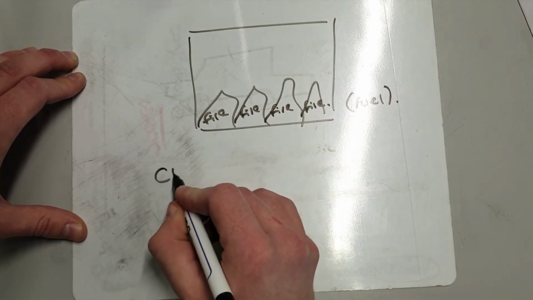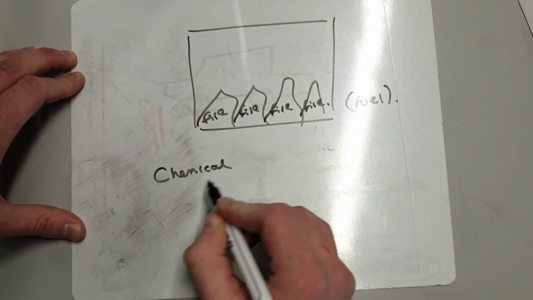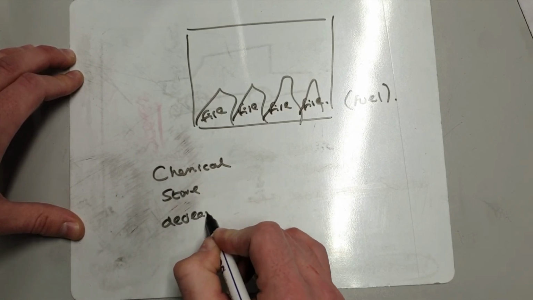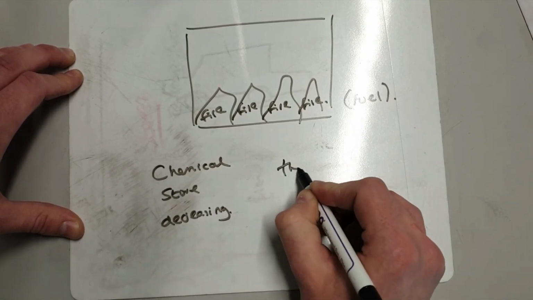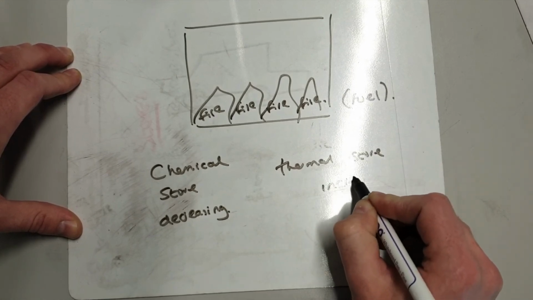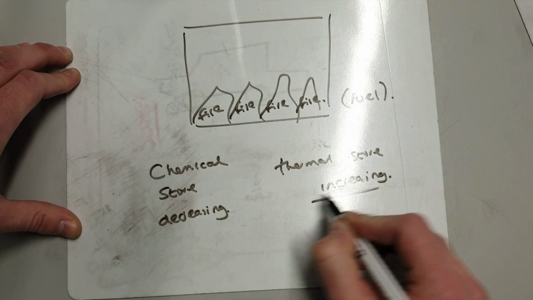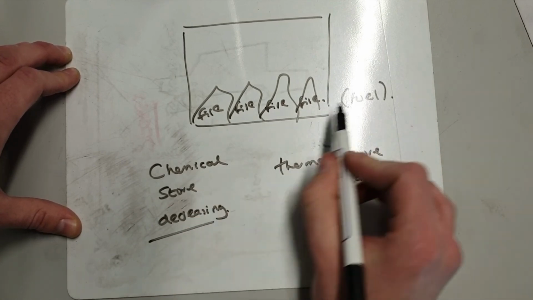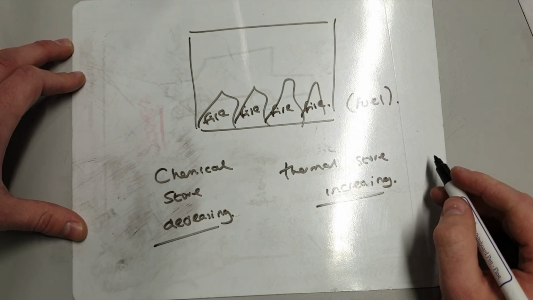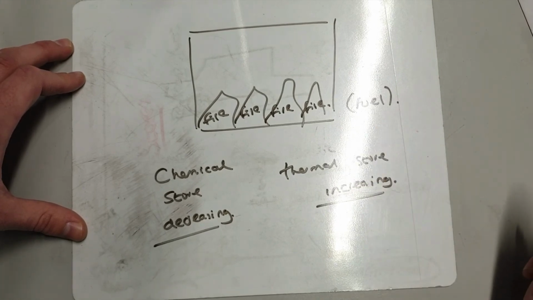So that's chemical energy again. So what would be happening here is that the chemical store would be decreasing, and the thermal store would be increasing. So as the fuel is being burnt, the stores of chemical energy are decreasing, the stores of thermal energy are increasing. And that's everything for today.